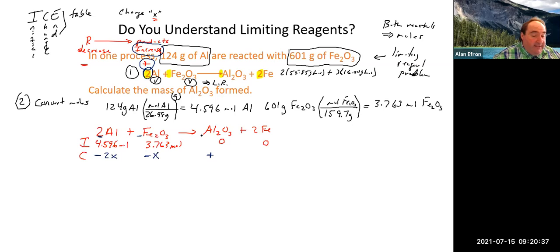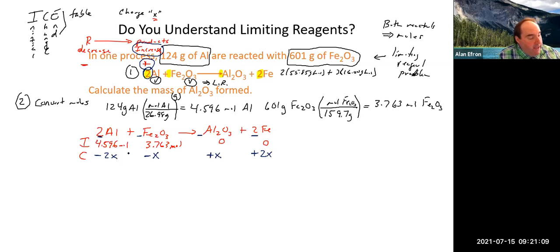Coefficient here again is 1, so we don't need to write it, and this would just be plus x or plus 1x if you want to be specific. Our iron is another product which should be increasing with time, which again means that we should have a plus. And again, we are going to go with a 2 here to maintain our mole to mole relationship from the coefficient, and x. Any questions on the change part?